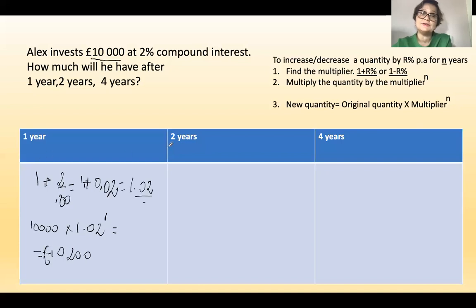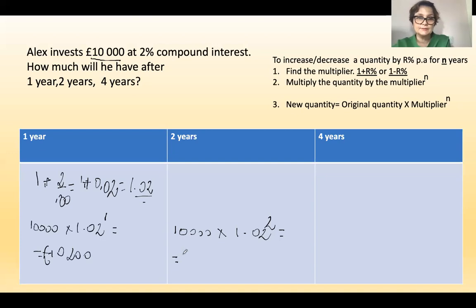Now, after 2 years, the multiplier is going to be the same, it's 1.02. But n changes. n is not going to be 1, but it's going to be 2. So we use the same multiplier, and I'm going to write it right here parallel with the next one. So £10,000 times 1.02 to the power of 2 equals. You can use the calculator to find 1.02 to the power of 2.